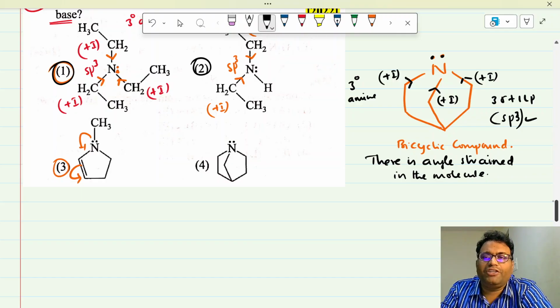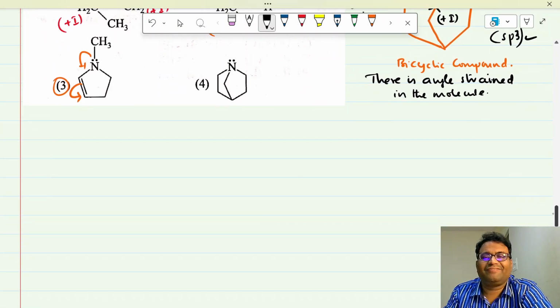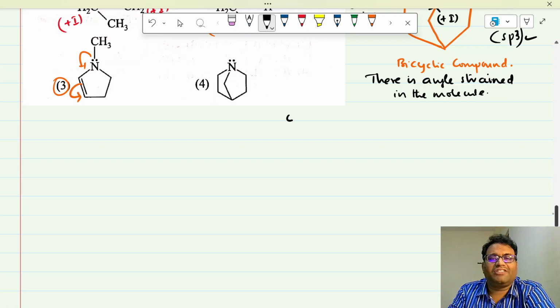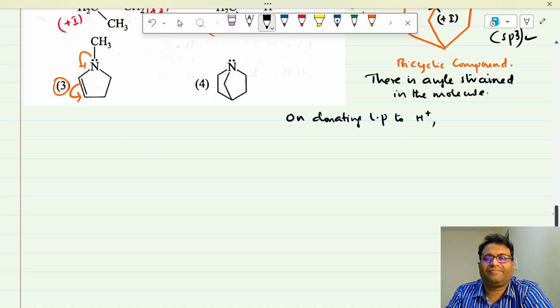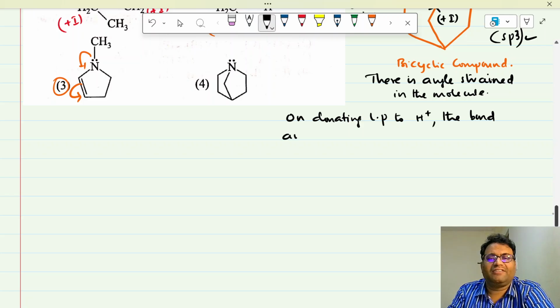Now, if it is donating this lone pair to H plus, the bond angle increases. On donating the lone pair to H plus, the bond angle becomes 109 degrees 28 minutes.